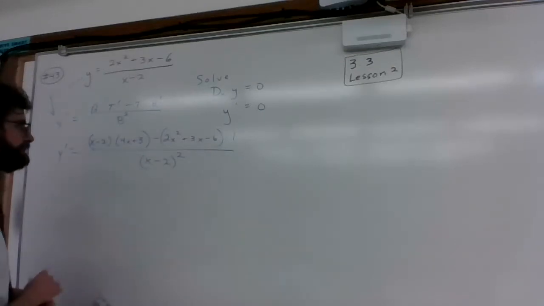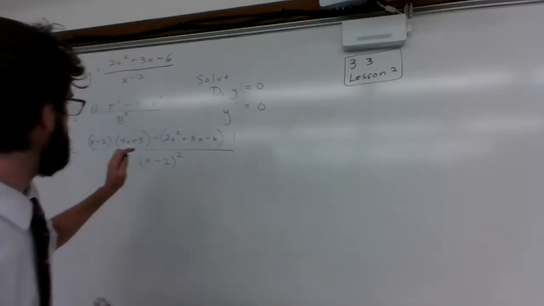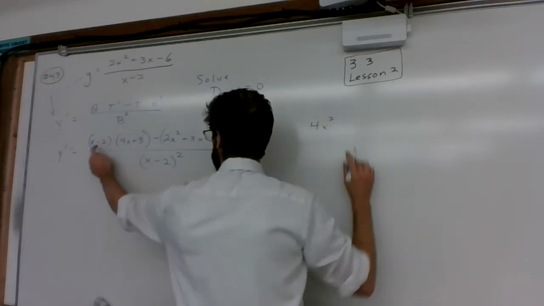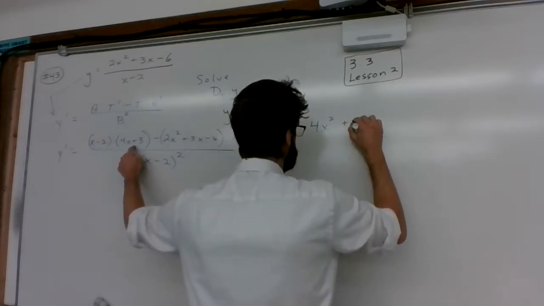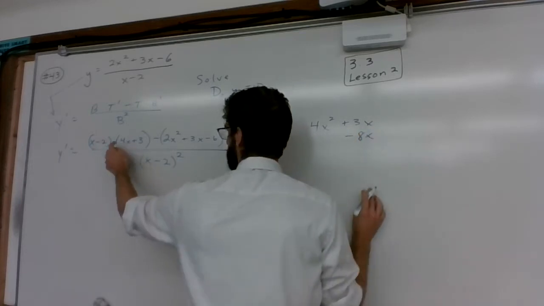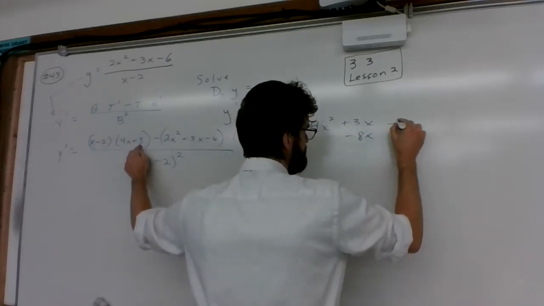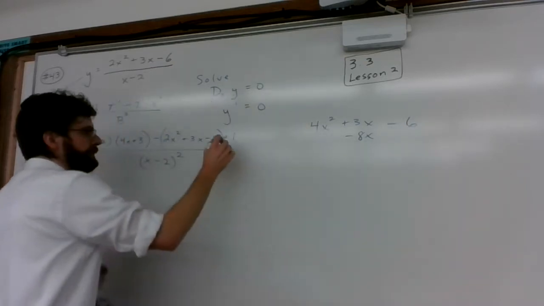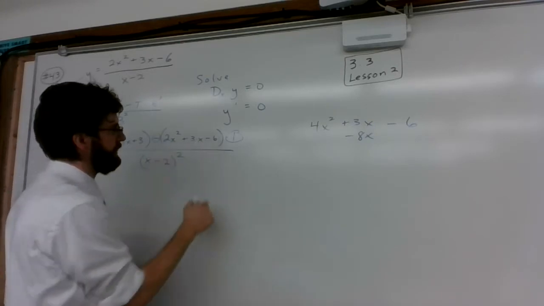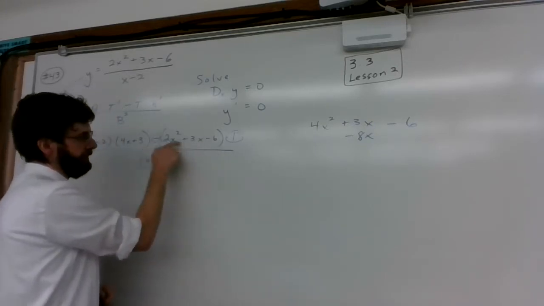Simplify the top. I might just do that off to the side. X times 4x is 4x squared. X times 3 is plus 3x. Negative 2 times 4x is negative 8x. Negative 2 times 3 is negative 6. Then you distribute a negative 1 to all the parts inside here. So just change the sign of everybody inside here.